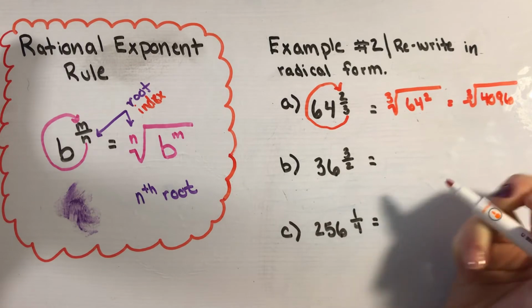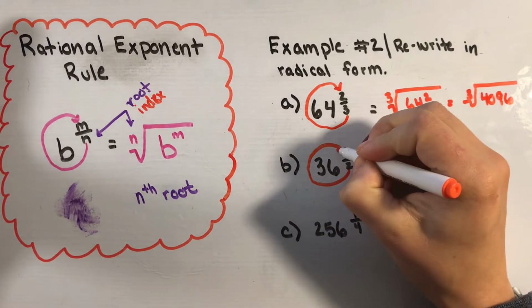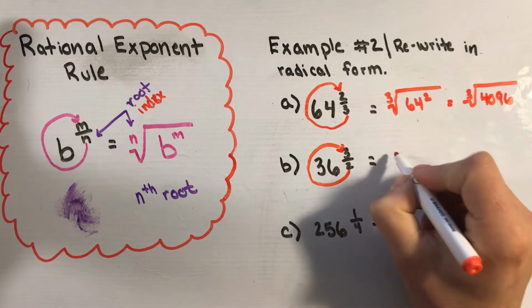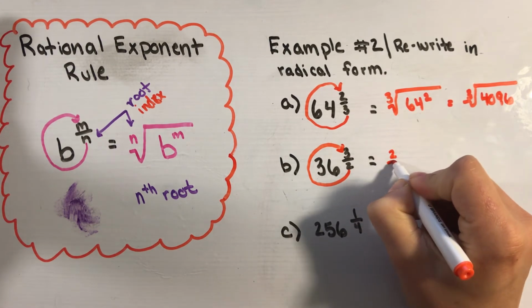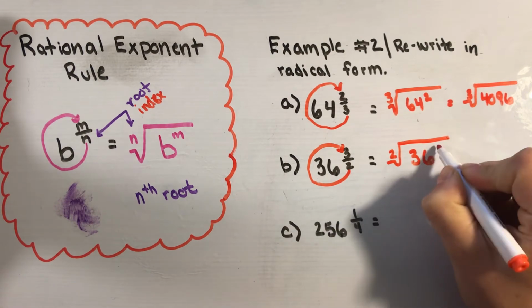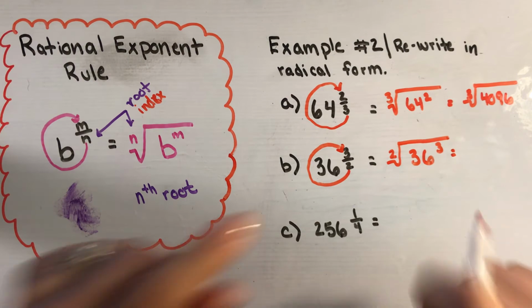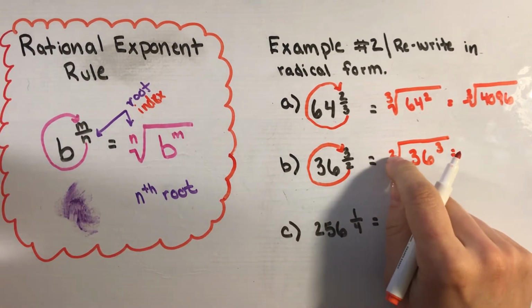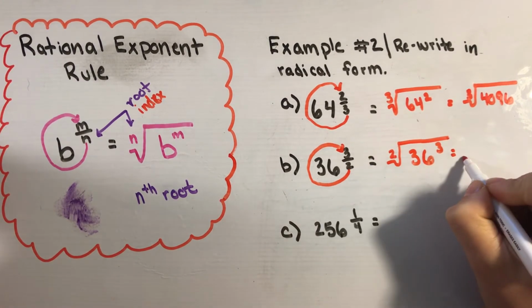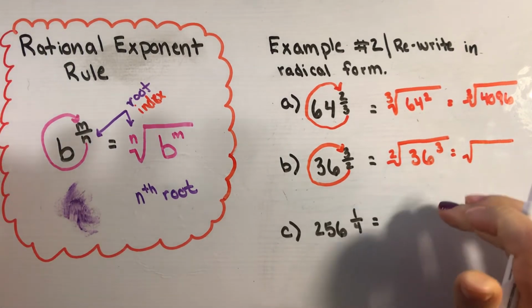Okay, so we're going to practice again. Loop it around for reverse, reverse. 2 is now my index, or my root. Root 2 of 36 cubed. So now the last little step here. Because it's a second index, or the root of 2, I can ignore that it's there completely.